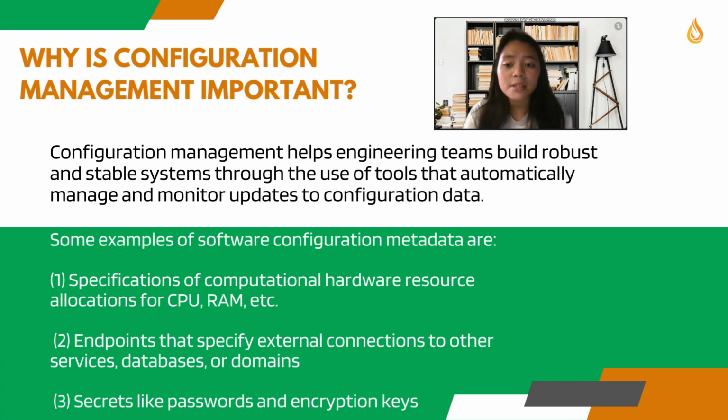So some examples of software configuration metadata are: first, we have specifications of computational hardware resource allocations for CPU, RAM, and etc. Second, we have endpoints that specify external connections to other services, databases, or domains. Third, we have secrets like passwords and encryption keys.